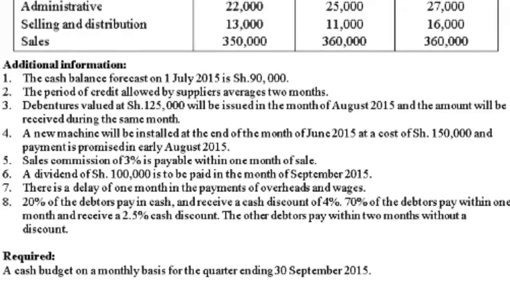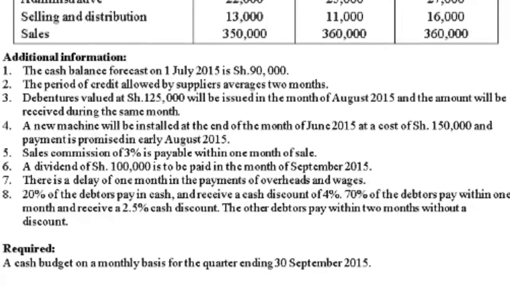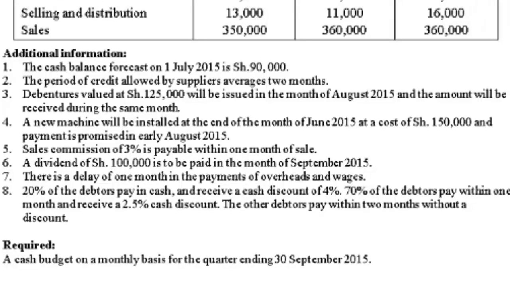Number 5, sales commission of 3% is payable within 1 month of sale. Number 6, a dividend of shillings 100,000 is to be paid in the month of September 2015. Number 7, there is a delay of 1 month in the payment of overheads and wages.